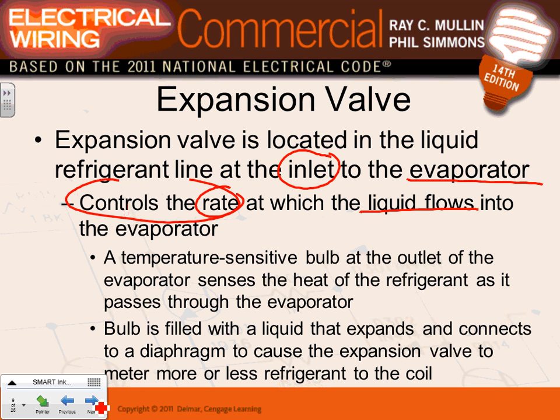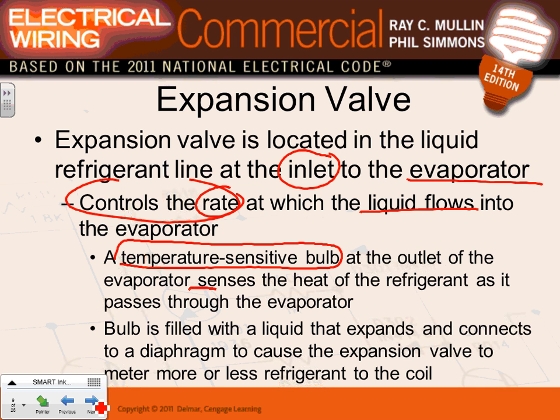They have a temperature sensitive bulb that activates the valve. This is just about how they do it. The sensitive bulb activates the process, guys, and opens and closes that valve. The outlet of the evaporator senses the heat of the refrigerant as it passes through the evaporator.